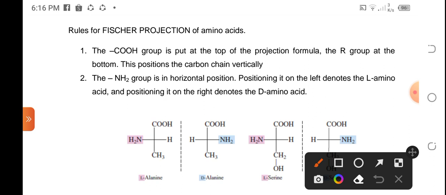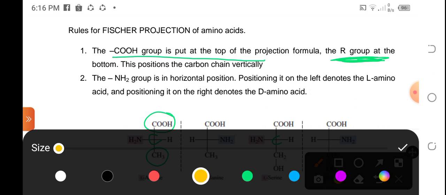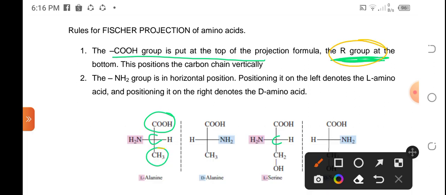So re-restructure natin. So this is the alpha carbon atom in the center. So yung nasa taas daw should be the carboxyl group. Okay? And the side chain or the R group or the amino acid residue na tinatawag ay nasa baba. So ito. Okay? So for the R group, nandito siya sa bottom. Okay?